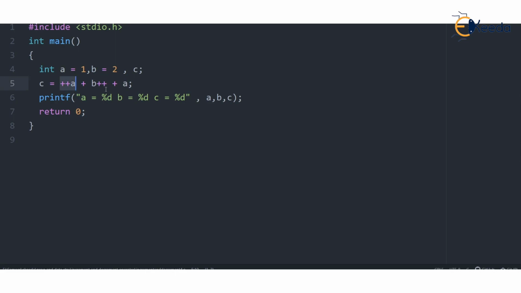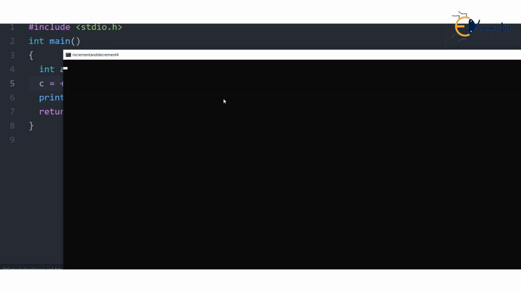So this is 2 plus plus this is also 2, 2 plus 2 is 4, and the value of B will be incremented later. So 2 plus 2 plus 2, so C will be 6, and finally B will be increased by 1, so B will become 3. So the values of A will be 2, B will be 3, and C will be 6. Let's prove it. Yes, A is 2, B is 3, and C is 6.